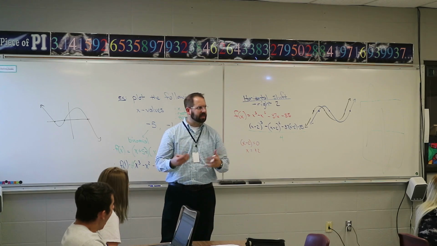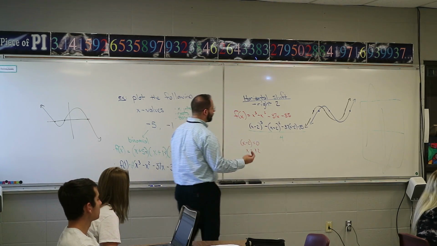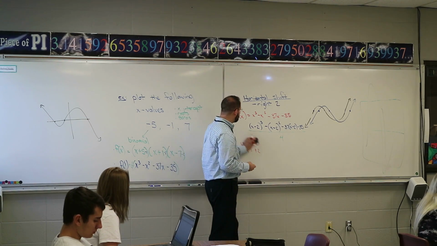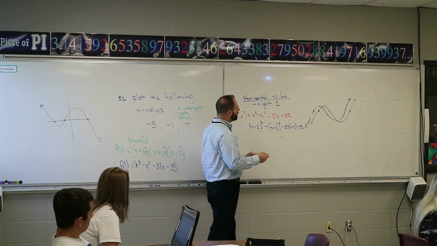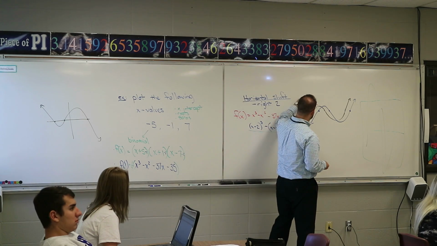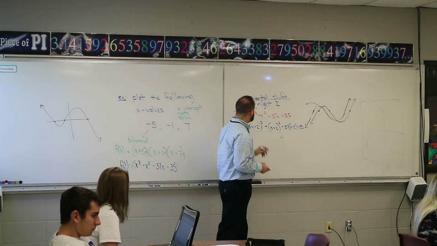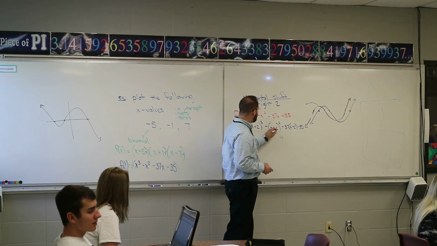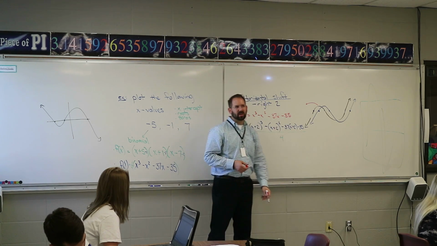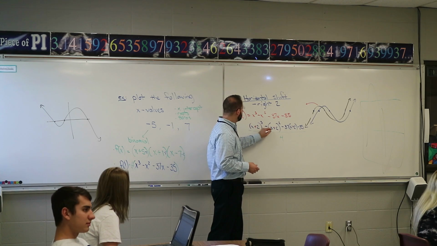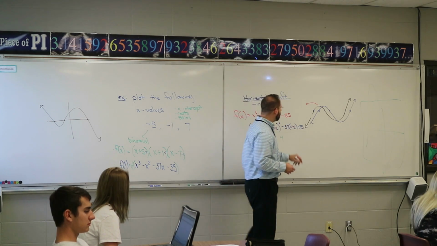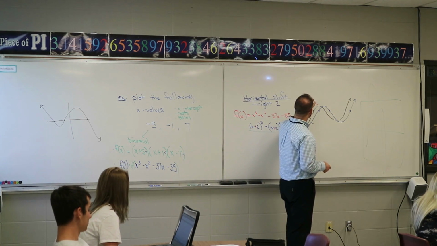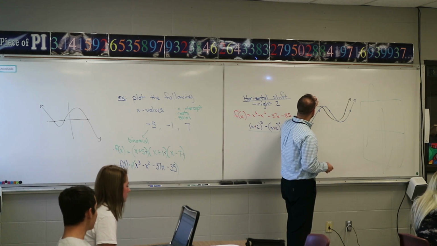Even though it looks backwards like it's a negative, that's why it's shifted to the right, because when you solve for 0, it actually goes positive. So if you want to shift this thing to the left, all you have to do is put a plus in here instead. Now, let's not do 2. Let's go like positive 12. Put a plus 12. It's going to send this thing to the left 12 spots.